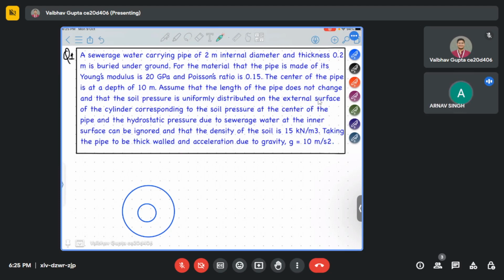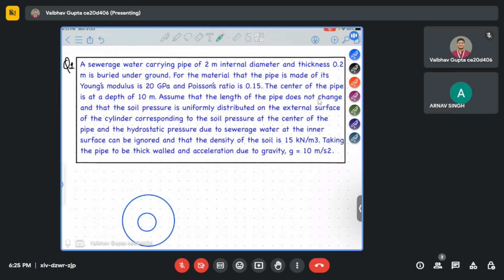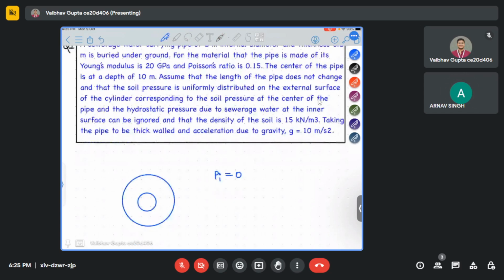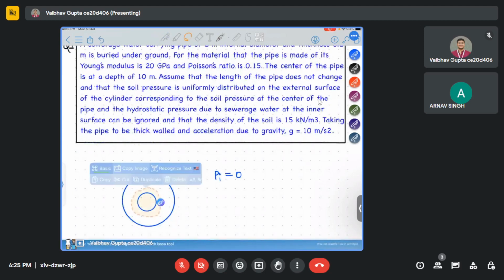Now in the question they have said that the hydrostatic pressure due to sewerage water at the inner surface can be ignored. What does this mean? Pi is 0, internal pressure is 0. Understood the question?